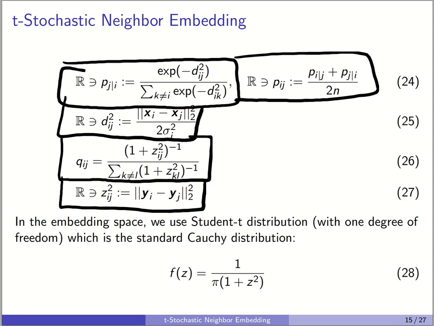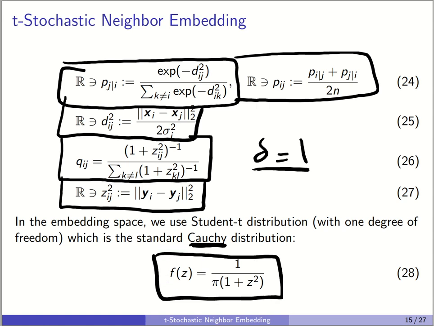But this is a student-t distribution with 1 degree of freedom. The student-t distribution with 1 degree of freedom is equivalent to the Cauchy distribution, a standard Cauchy distribution, which is this.